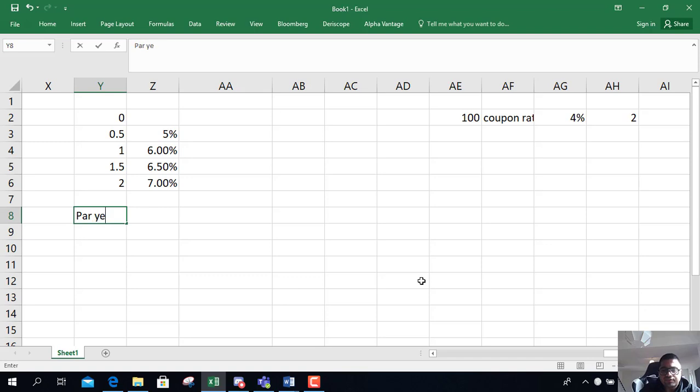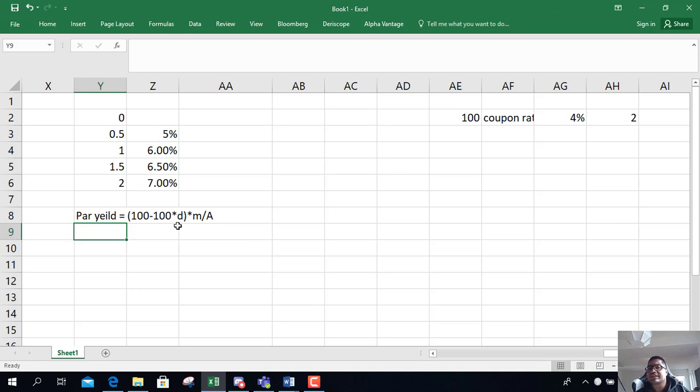So par yield equals 100 minus 100 into D, multiplied by frequency M, divided by A. Okay, this is the formula: $100 minus 100 into D into M slash A.